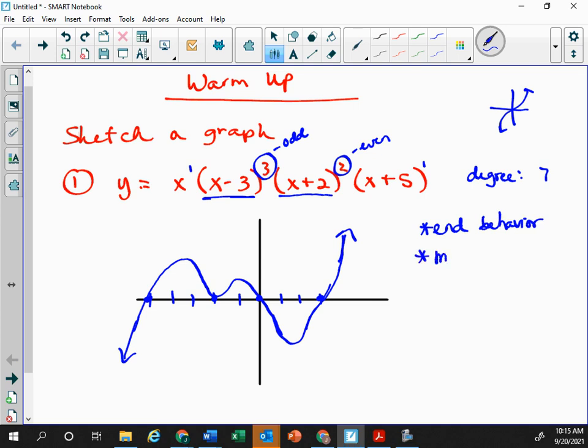Like figure out if there's any multiplicity. I need the x-intercepts. And I need the y-intercept. It worked out very easily on this one because you had 0, 0 as an x and a y-intercept. But that's all I'm talking about when I say sketch.